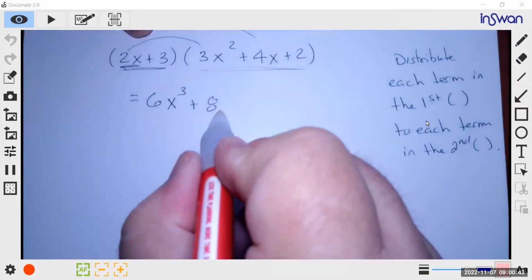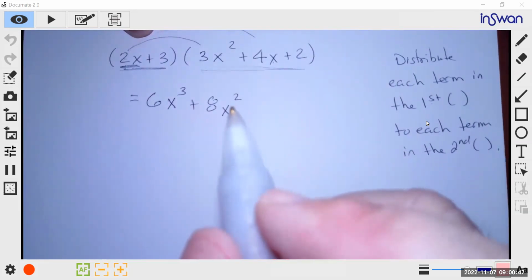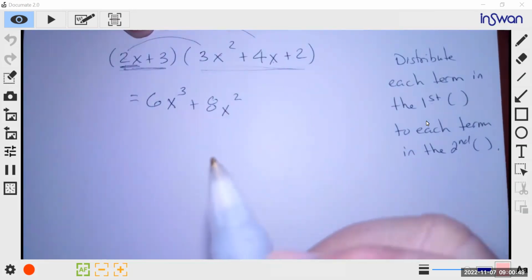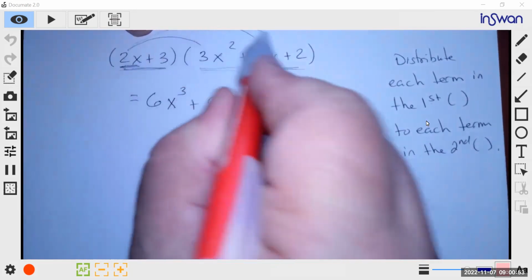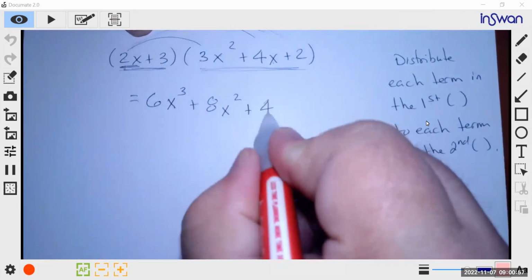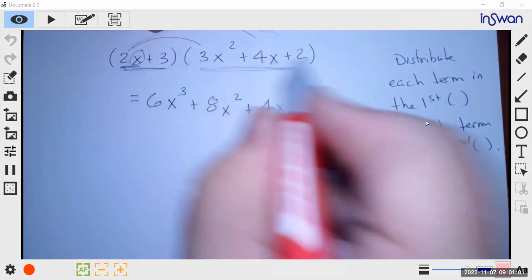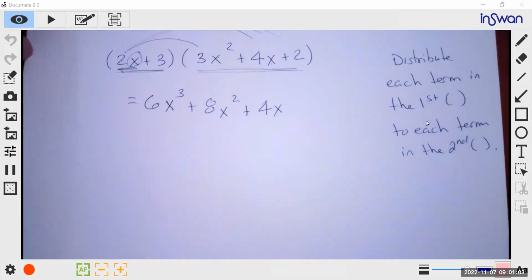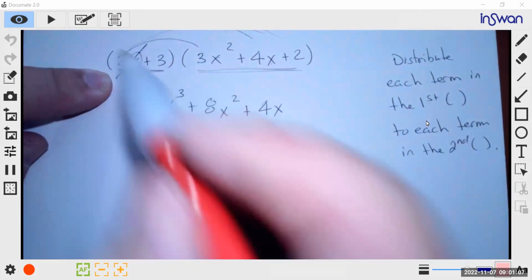X times x, x squared. Still not done because we have to do it 3 times. Positive times positive is positive. 2 times 2 is 4 times x. Because there's this x that goes inside there. So this 2x was multiplied each of those. It's finished.